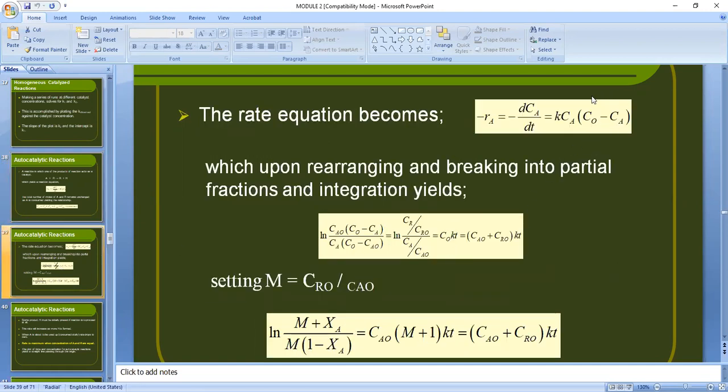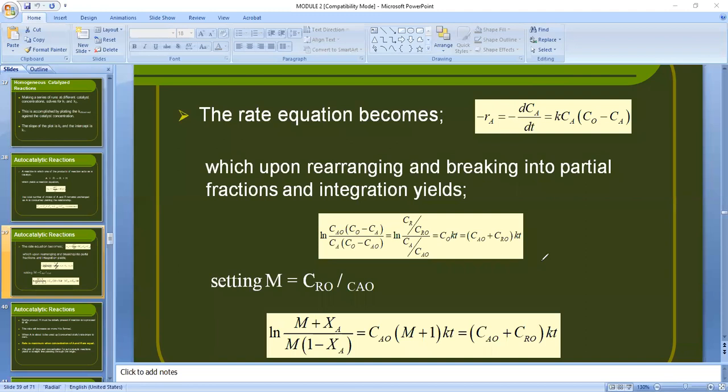So the C sub R is replaced by C sub O minus C sub A, which upon rearranging and breaking into partial fractions and integration, so this could be this C sub A and this C sub O minus C sub A can be placed in here, the dt could be placed in here. You can process the integration part using method of partial fractions.